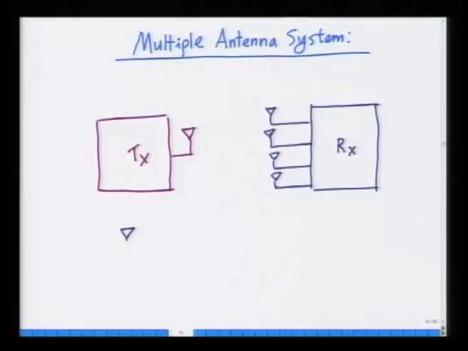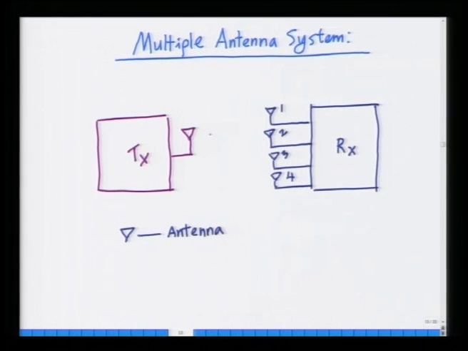This inverted triangle is the symbol for an antenna. All right. Now, I have a transmitter which has one transmit antenna, a receiver which has 4 receive antennas. So, I will label these receive antennas as 1, 2, 3, 4.